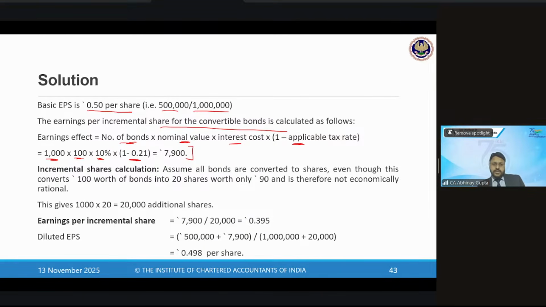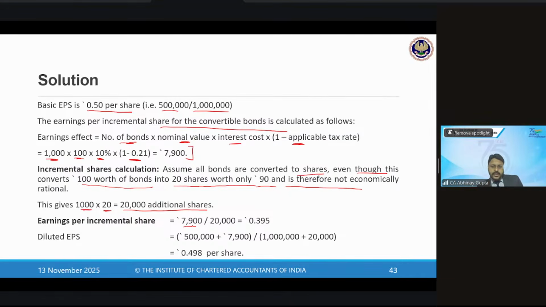So for the incremental shares calculation, assume all the bonds are converted to shares, even though this converts 100 worth of bonds into 20 shares worth only 90 rupees, and is therefore not economically rational. So this gives 1000 into 20, 20,000 additional shares, right?